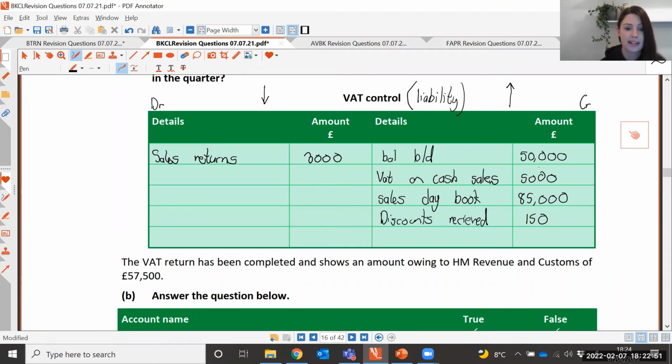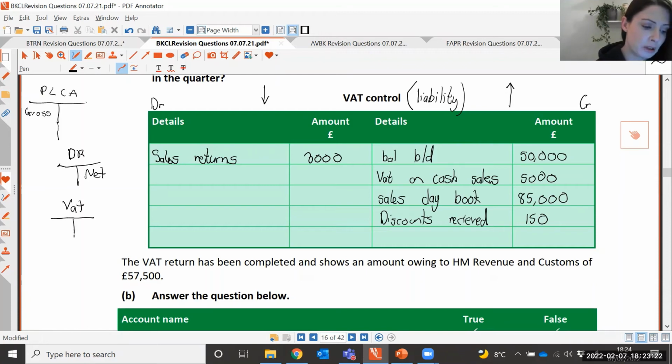So we would credit. Yeah. And because a discount is received, it would be the purchase ledger control account, so we would enter the gross amount of the discount there as a debit, and then the net into the discounts received account, and the VAT control account we would also enter as a credit.